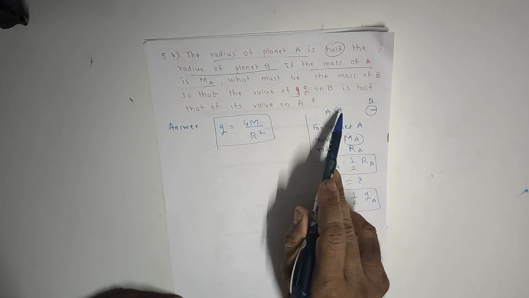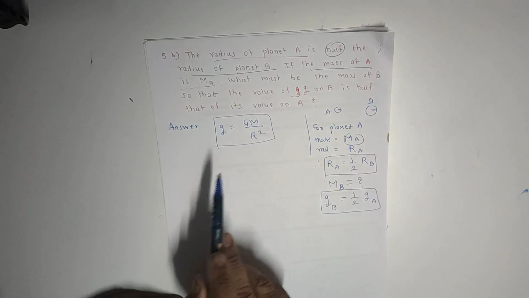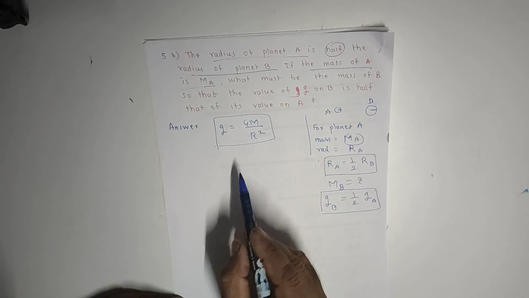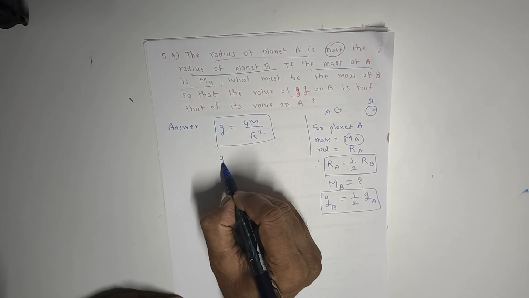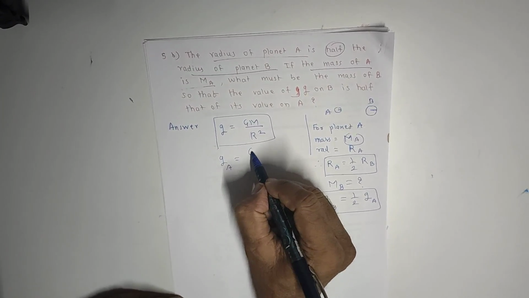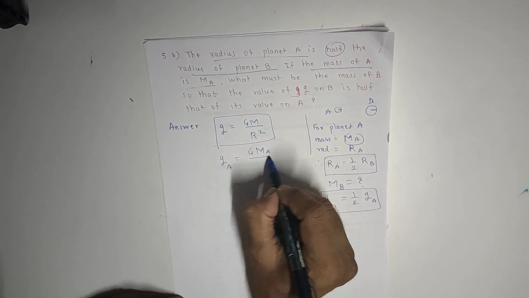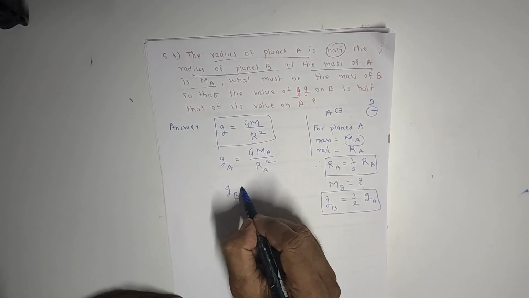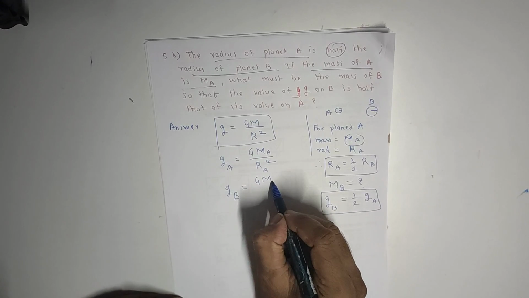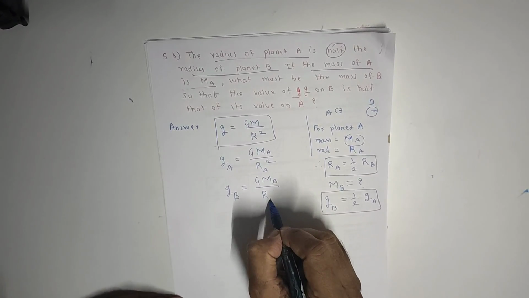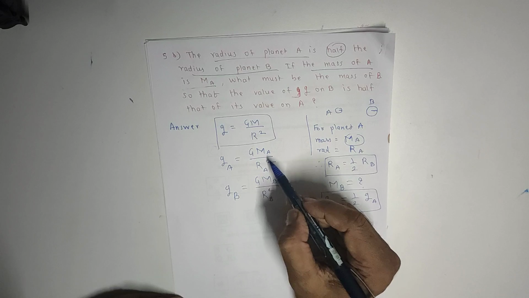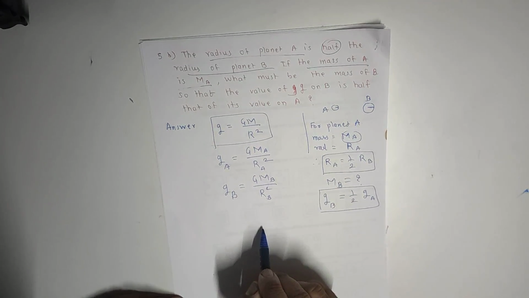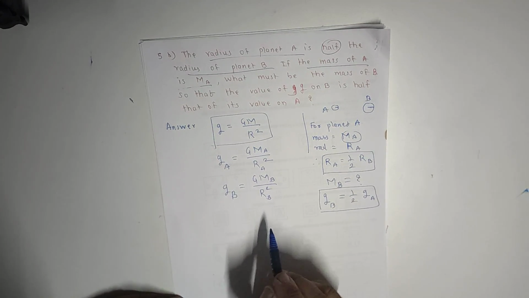Here we consider mass of planet A, mass of planet B. Hence we can write gA is equal to G MA upon RA square. gB is equal to G MB upon RB square. For planet A, for planet B, we can write like this.